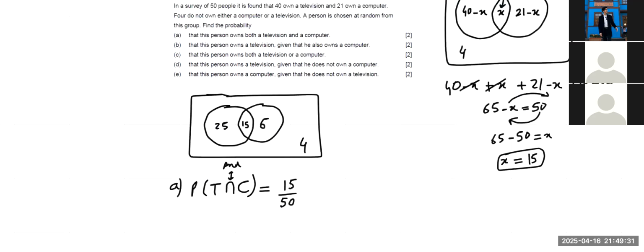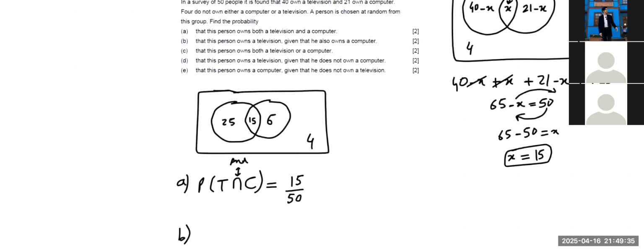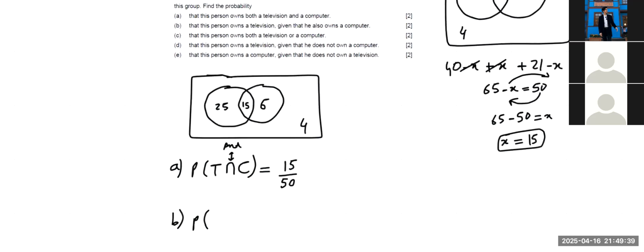Perfect. Owns a television, given that he also owns a computer. Probability that he owns a television, given that he owns a computer. Now, what does this mean? This means that I'm not talking about all 50 people anymore. I'm talking about only the people that fit the given part. So by saying given that the person owns a computer, I've basically done this.